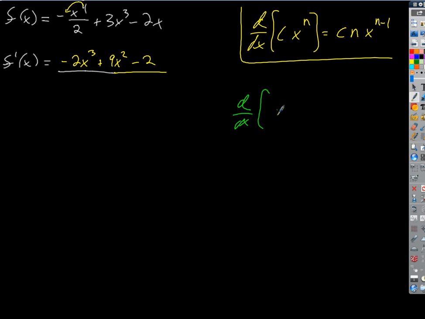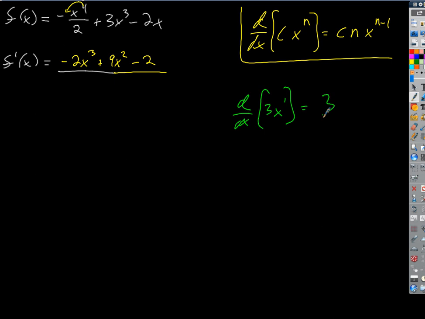The derivative of 3x, well, that's 3x to the 1. So what does the power rule tell us? We get 3 times x to the 0, anything to the 0 is 1, so we just get 3, don't we? Right? Which we knew, because the derivative of x is 1, right?